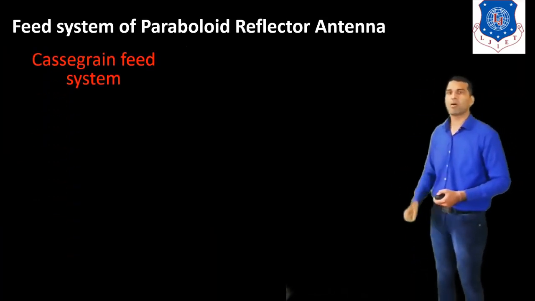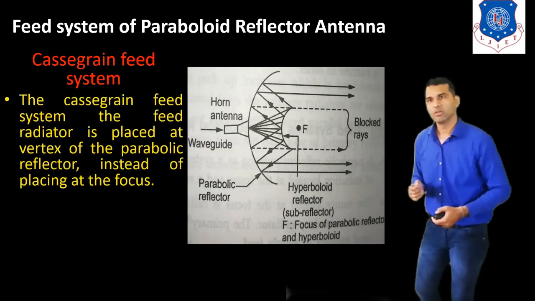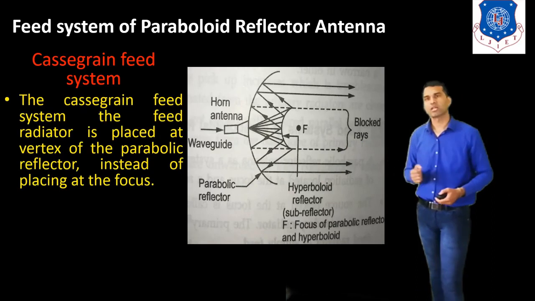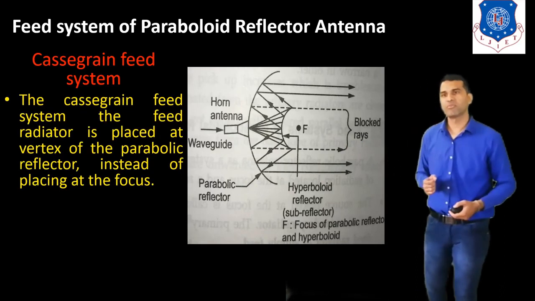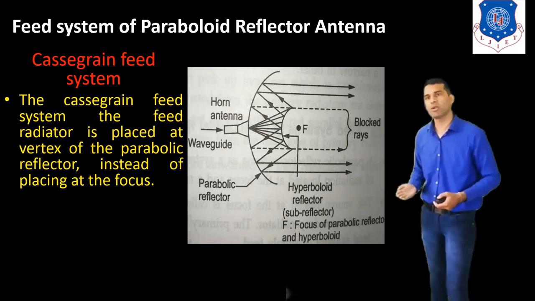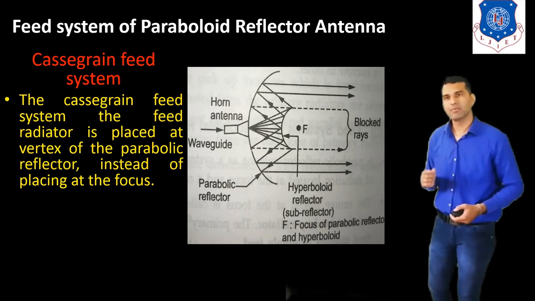Now we discuss an important feeding system, the Cassegrain feed system. Here is the diagram for the Cassegrain feed system. In the Cassegrain feed system, the feed radiator is placed at the vertex of the parabolic reflector instead of at the focus.